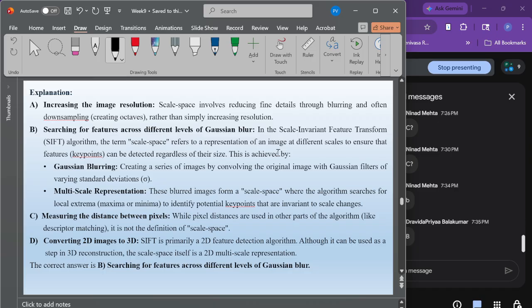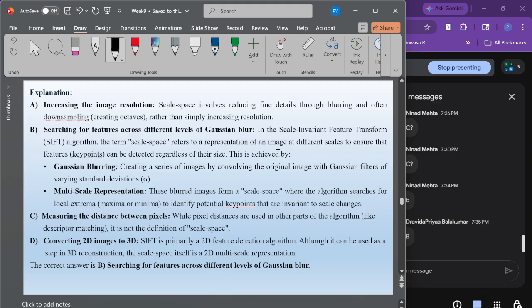Now our next option is measuring the distance between pixels. While pixel distance is used in other parts of the algorithm, like descriptor matching, it is an odd definition for scale space. And the next one is converting 2D to 3D images.